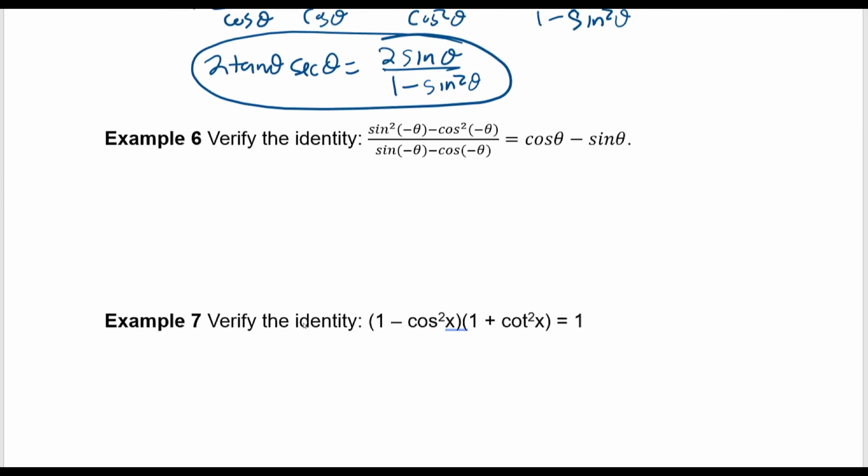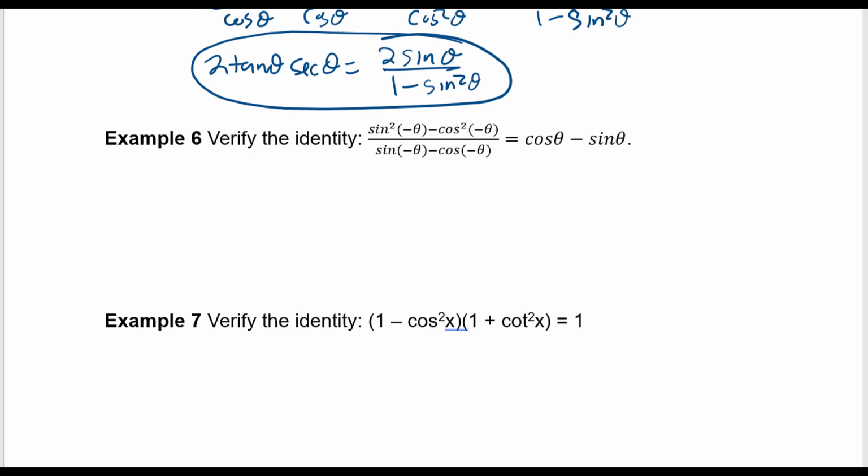Let's go down here. And now we have sine squared negative theta minus cosine squared of negative theta over sine of negative theta minus cosine of negative theta. So let's go ahead and look at each of these. So it's going to be cosine theta minus sine theta.